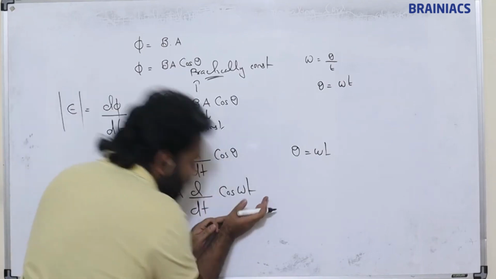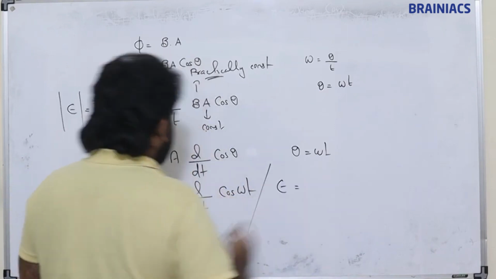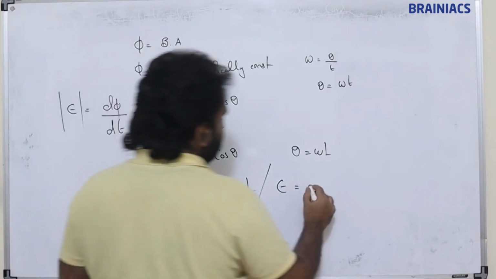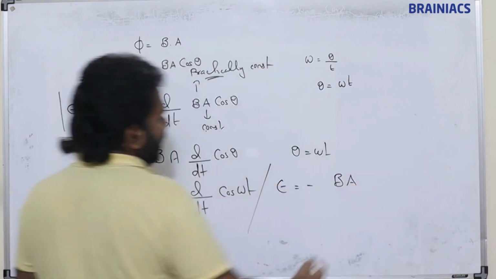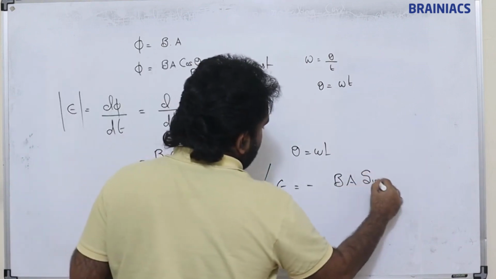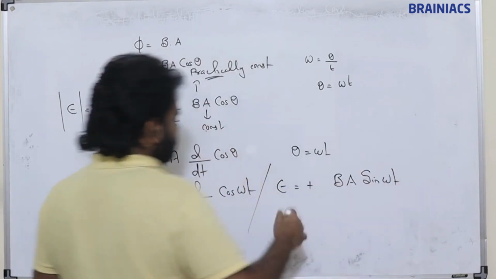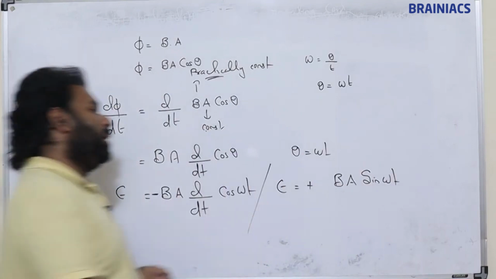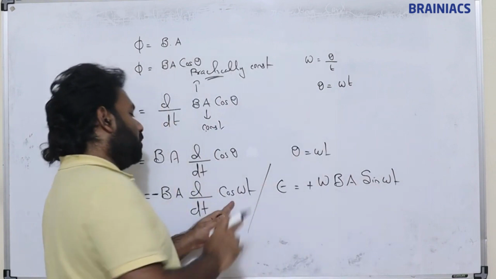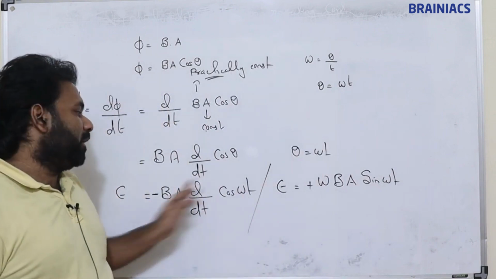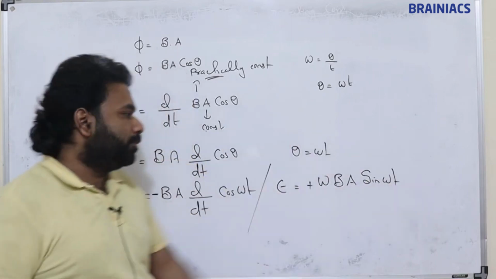If you differentiate this, what answer will we get? So E will be equal to, this negative is there, BA times the derivative of cos omega t. Cos omega t will become minus sin omega t, so one negative also comes, and this will become positive. Along with that, one omega also comes out.